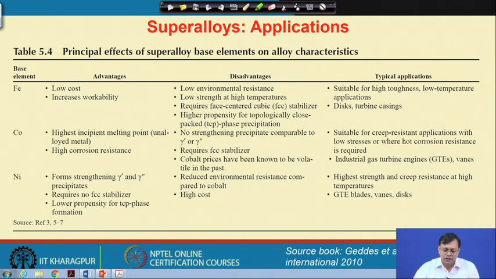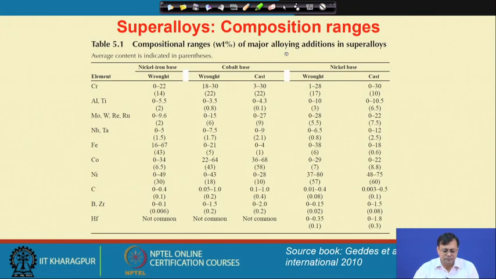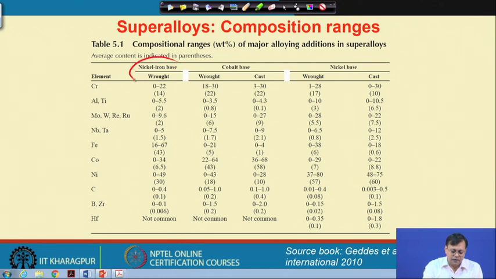And if we look at some of the average composition ranges of various alloying elements that I have summarized here, where iron based, cobalt based and nickel based alloys are present, and their additions of the different alloying elements, including ruthenium and aluminum, titanium and chromium.